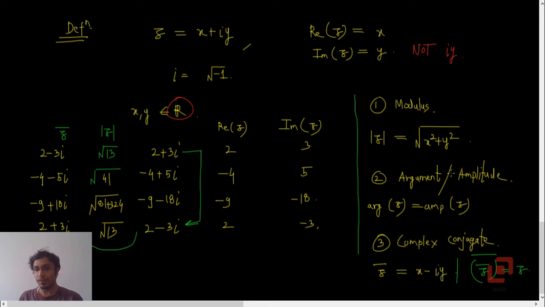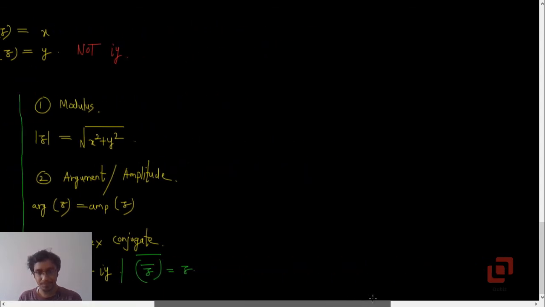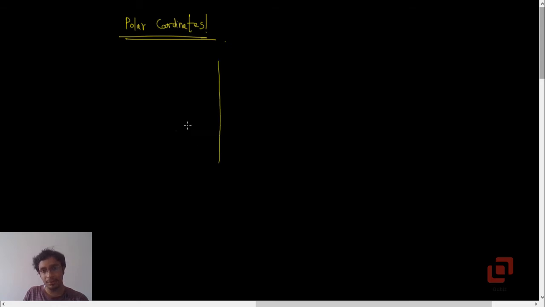Now let us talk about the argument or amplitude of any complex number. Do you remember the polar coordinates that you studied in trigonometry? Polar coordinates are basically a system of coordinates to represent the position of any point with respect to a fixed point in two-dimensional space.